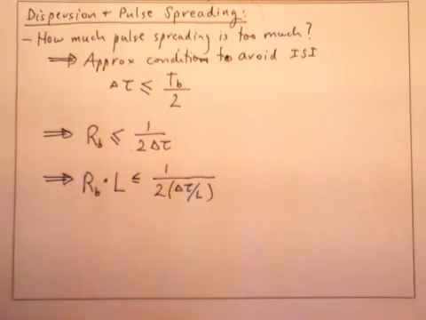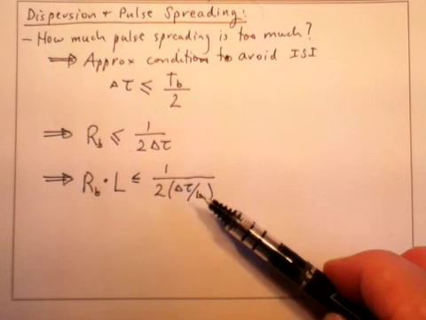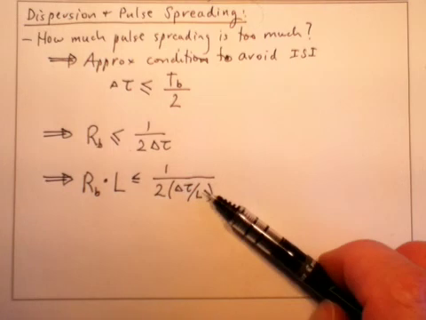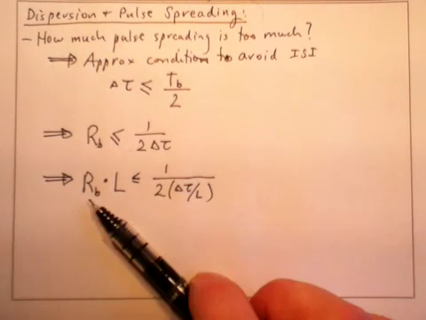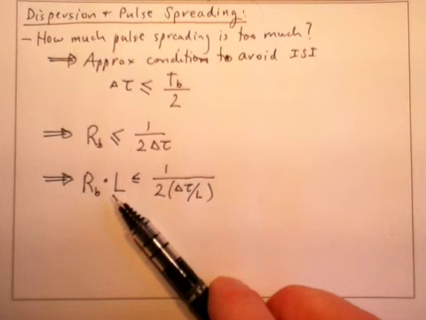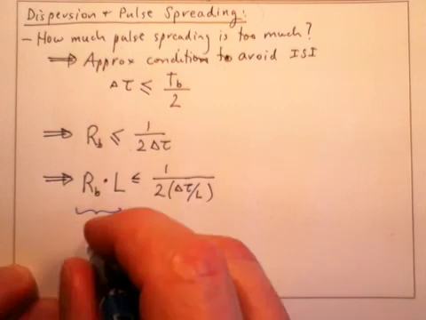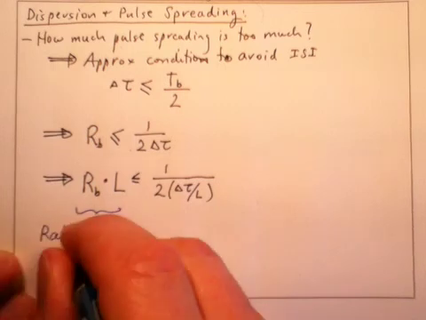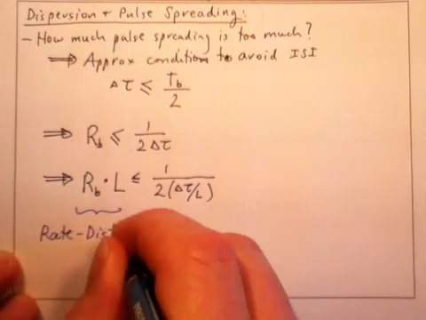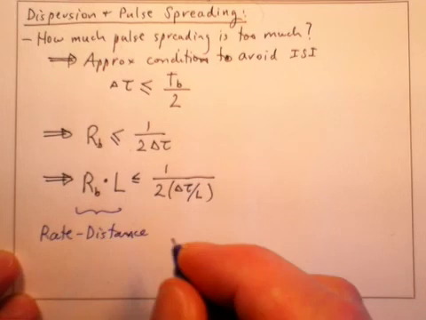And so our pulse spread per unit length is inversely proportional to the product of the bit rate and the distance traveled. So this is our bandwidth, or our rate distance, sometimes called the bandwidth distance product.